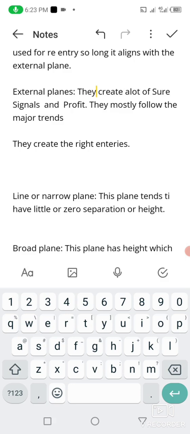It's not that internal planes don't create short signals, but external planes create long-term signals. They create bigger profit because they create more distance. They mostly follow the major trend in the market, and they create the right entries.